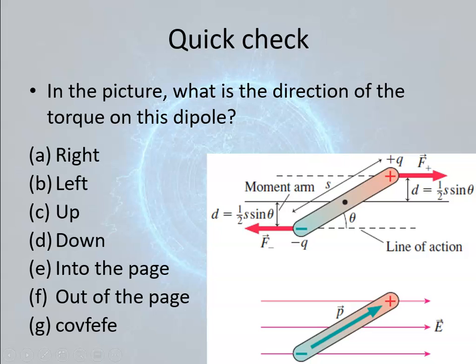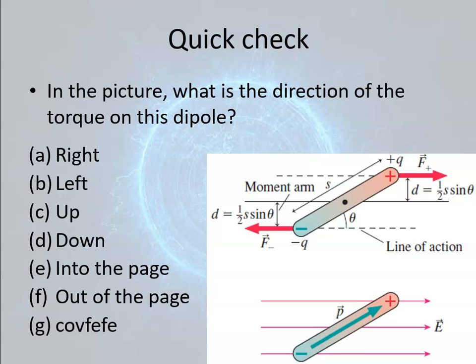The way I do it is I kind of point the fingers of my right hand in the direction of the first vector, which is up and toward the right, and I make it so that as much as possible my palm is facing the direction of the second vector. So when I do that, my palm has a rightward facing component. In other words, it's not facing into the page or out of the page or anything like that.